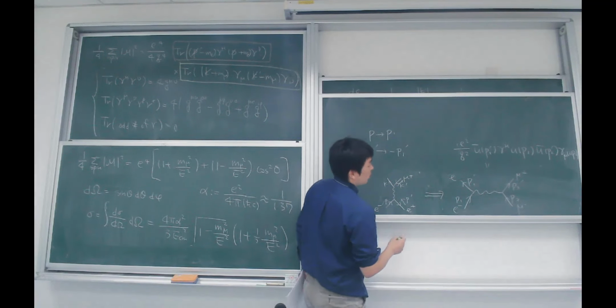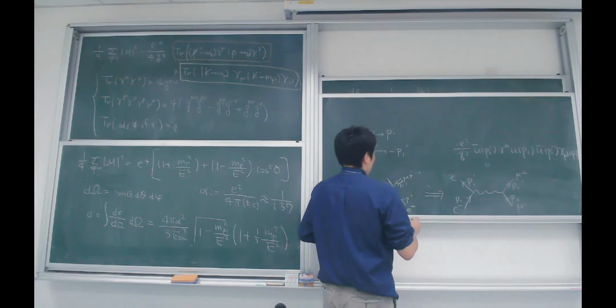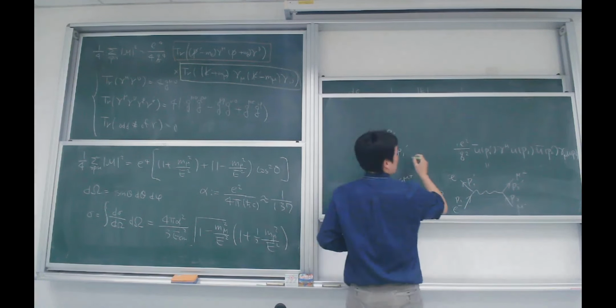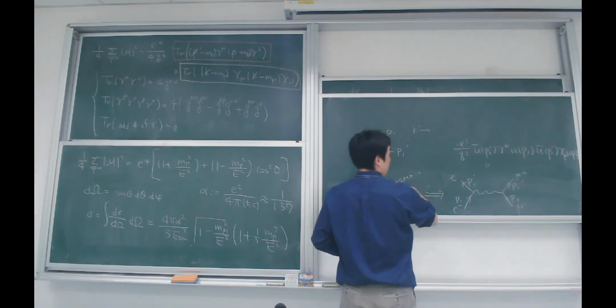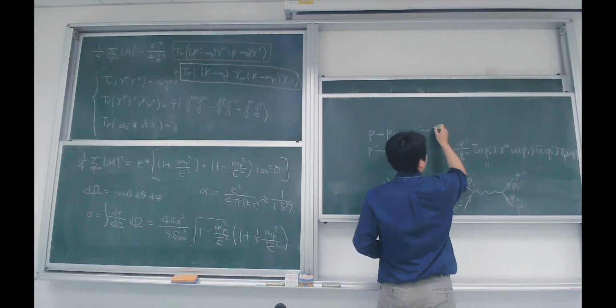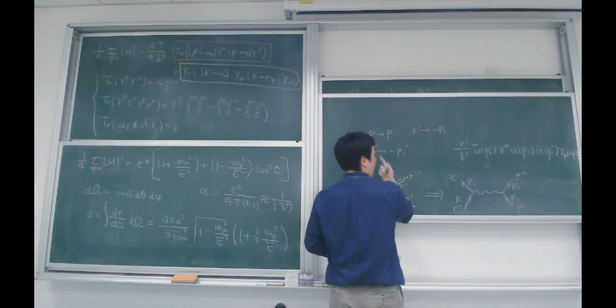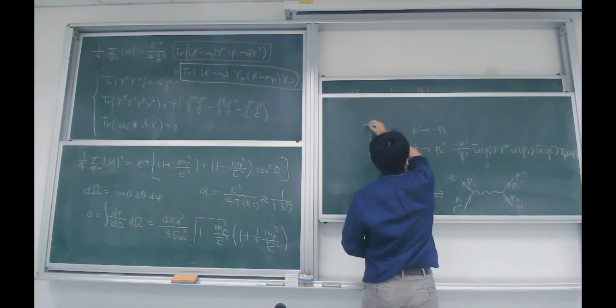Likewise, what we need to do is that k prime goes to p2, and then k goes to minus p2 prime.